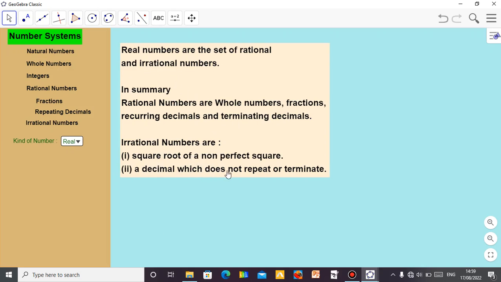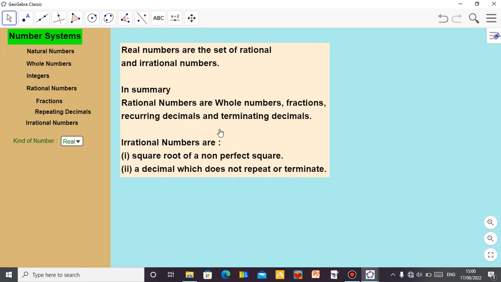Then a decimal which does not repeat or terminate, like pi, for example, 3.142. It keeps going. It does not repeat itself in a particular way, like 33333, and it does not terminate. So that is why we usually use 22 over 7 to represent pi, because it just keeps going like that. It's a non-repeating, non-recurring, and non-terminating decimal.